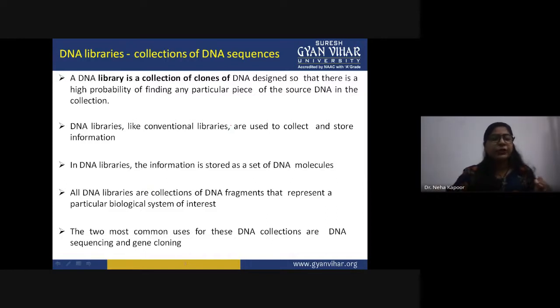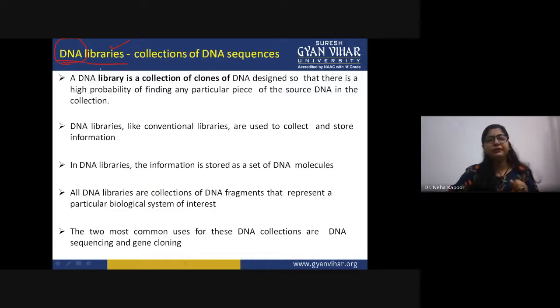So whenever you talk about a DNA library, the concept of library remains the same, but we have added the word DNA. That means this would be the library of DNA clones or DNA molecules.